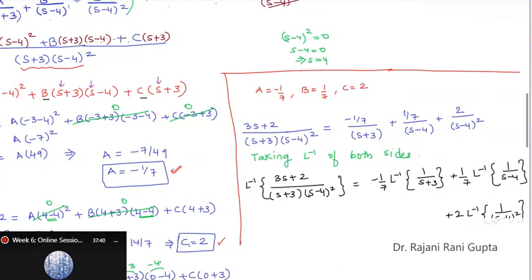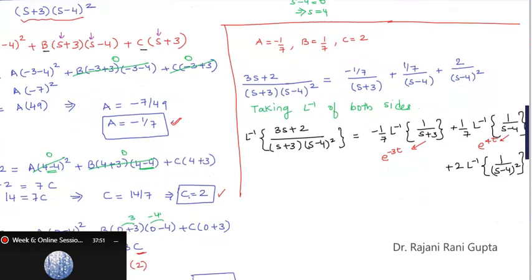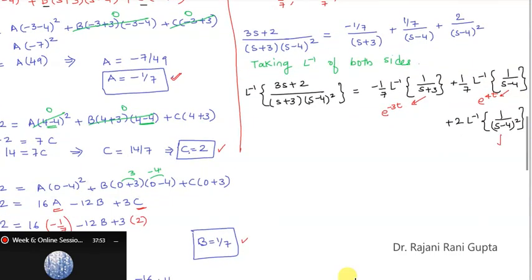So when we find the inverse Laplace, this is e power minus 3t. This gives you e power 4t. For this term, as you don't have the direct rule, you have to use the second shifting property here. You have a rule when it is 1 over s power 2, right? For 1 over (s minus 4) you don't have the rule, so we can write it as this, where s goes to s minus 4.